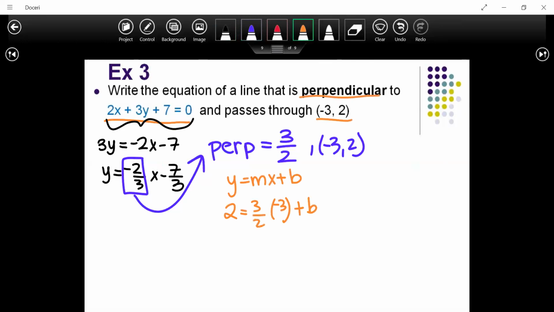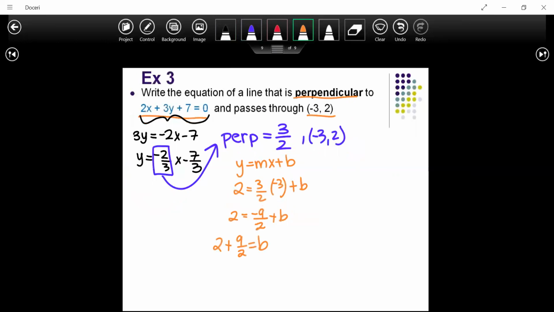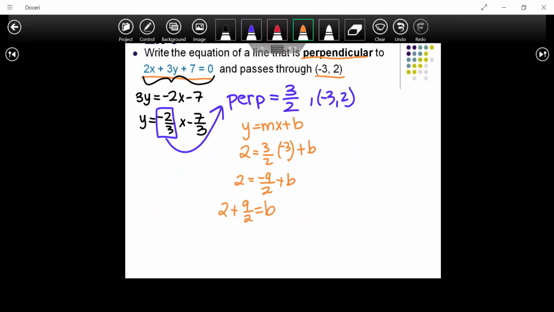This is going to give us a fraction, which is fine. We're going to get 2 is equal to negative 9 over 2 plus b. I'm going to add 9 over 2 to both sides. If we convert this, trust me on this, 4 over 2 plus 9 over 2 will give me 13 over 2. That is equal to b.